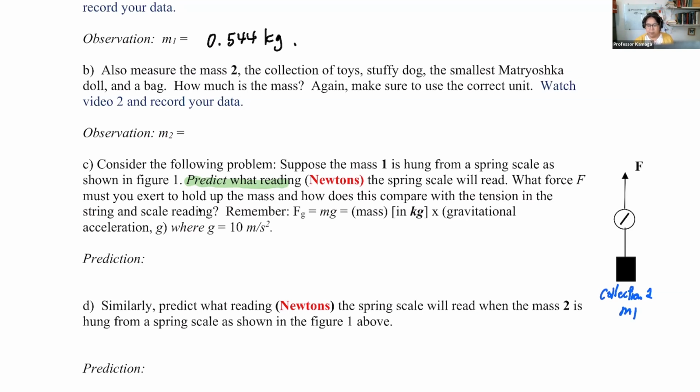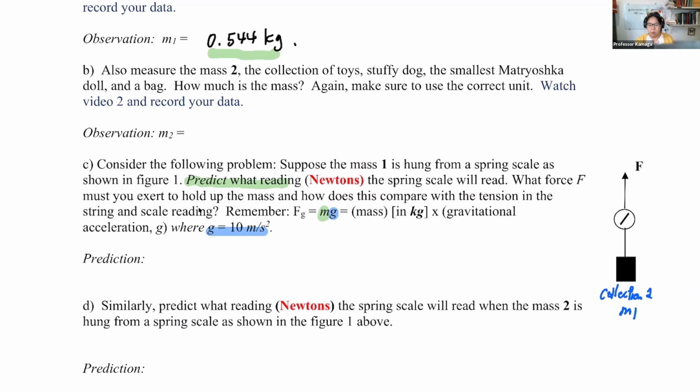Well, it's pretty simple. You have a mass that you already found, and then g, which is the gravitational acceleration, which is 10 meters per second squared. You can just use 10 meters per second squared. If you really want, you can use 9.8 meters per second squared.